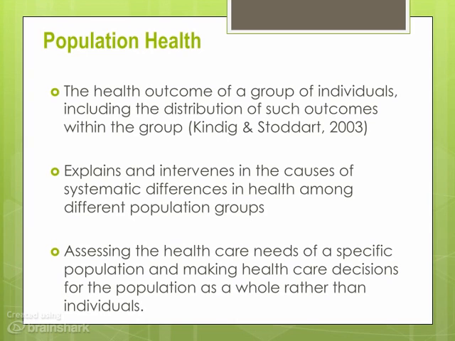It first came about from Kindig and Stoddart, and this is their definition: the health outcome of a group of individuals, including the distribution of such outcomes within the group. So really looking at healthcare outcomes across a specific population of people, and then also what is the distribution of outcomes across that population.